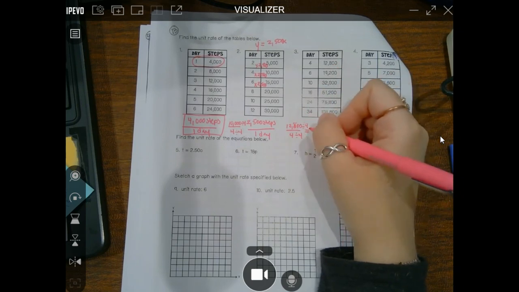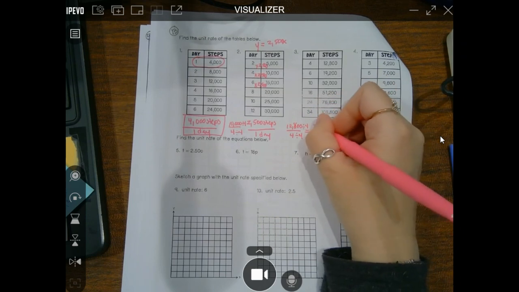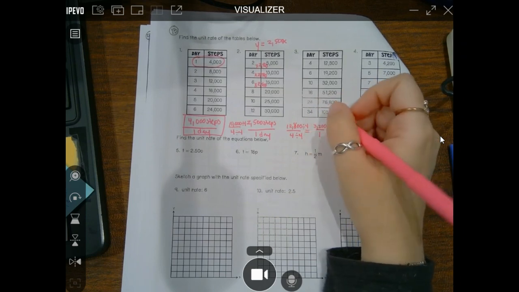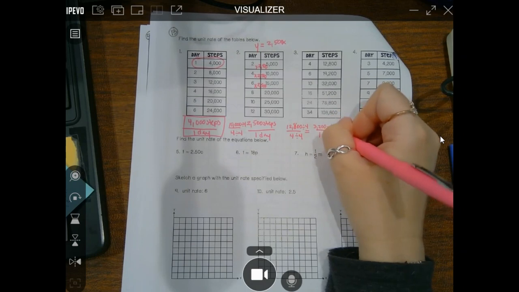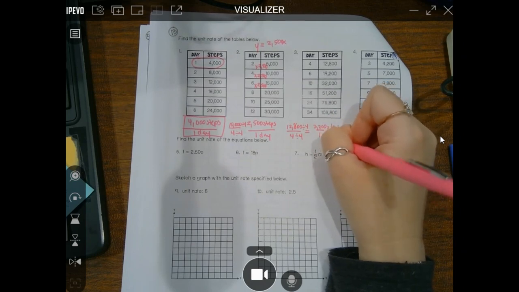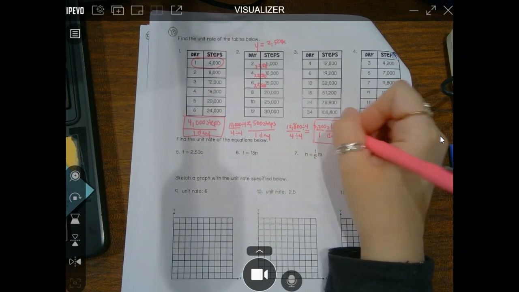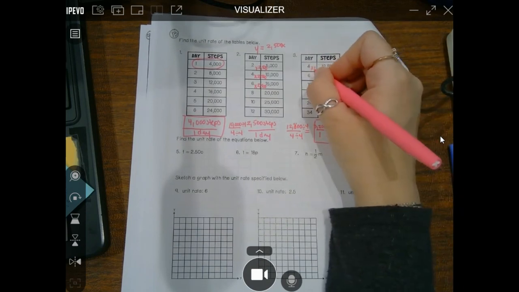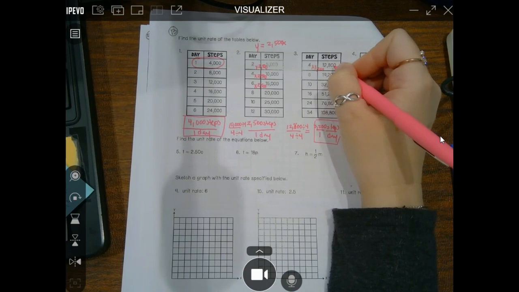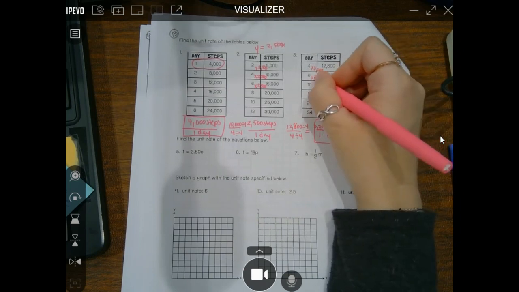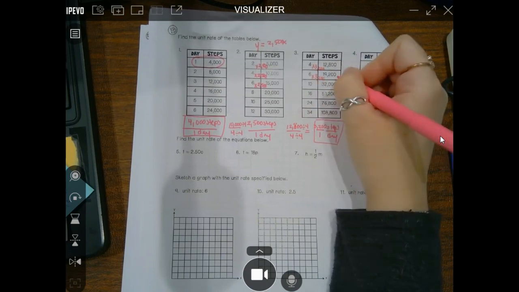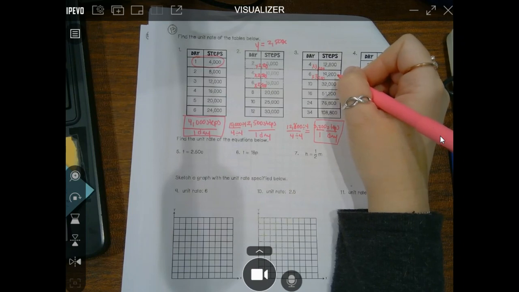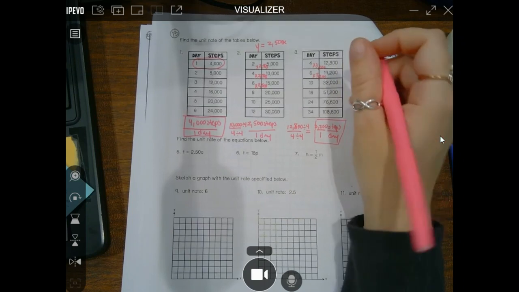What's 12,800 divided by 4? It's 3,200, okay? So it's 3,200 steps per day. That would be your unit rate. Now, if you test that, multiply 4 times 3,200. Does that equal this? Yes, it does. Try 6 times 3,200. Does it equal 19,200? Okay, perfect. Then that's our pattern.